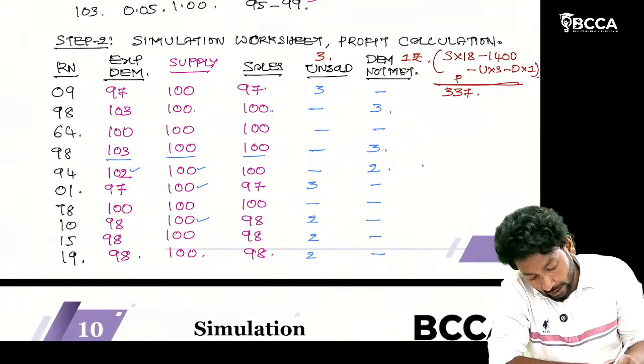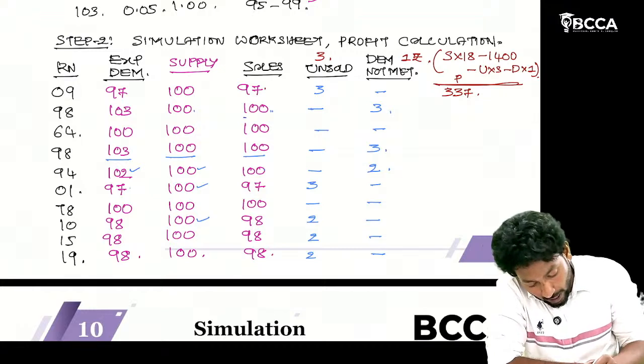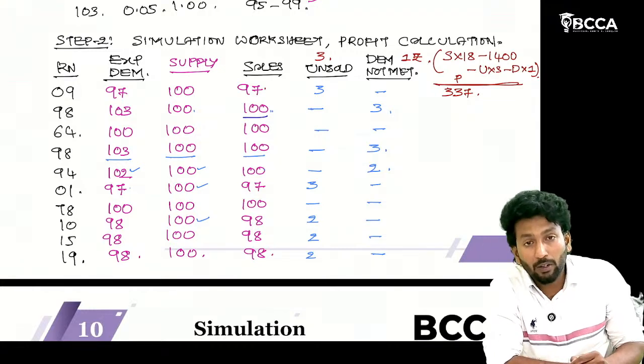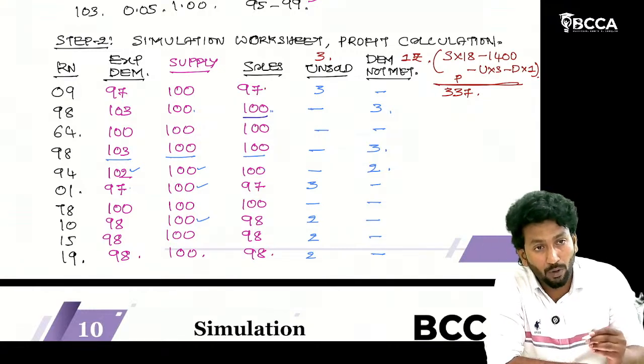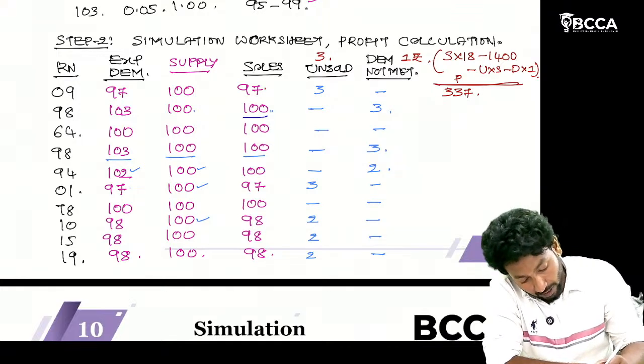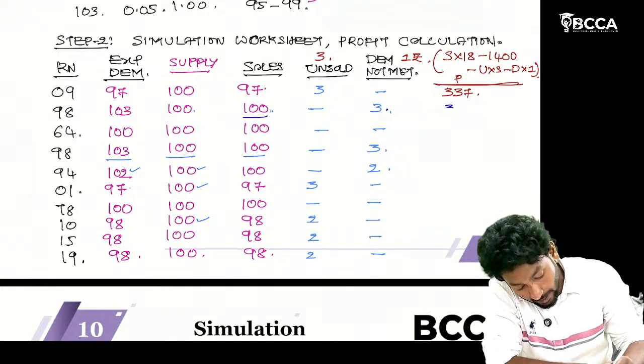For the second one, we have sold 100 units, 100 into 18, 1800 minus 1400, 400 gross profit. From that minus 3, 397.